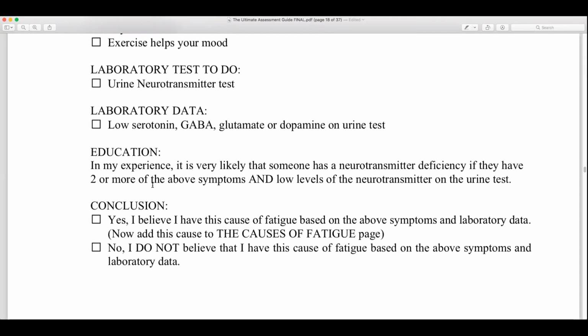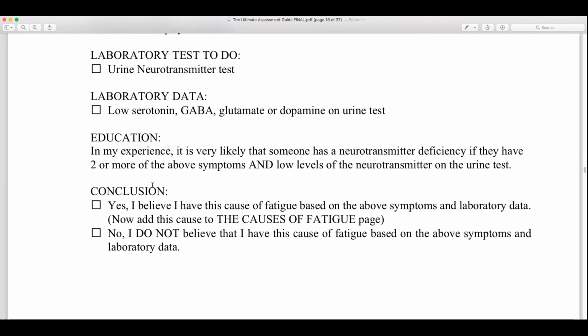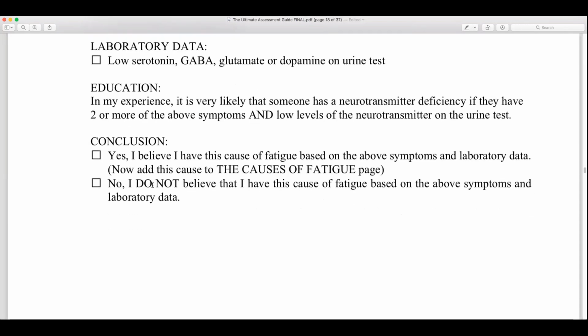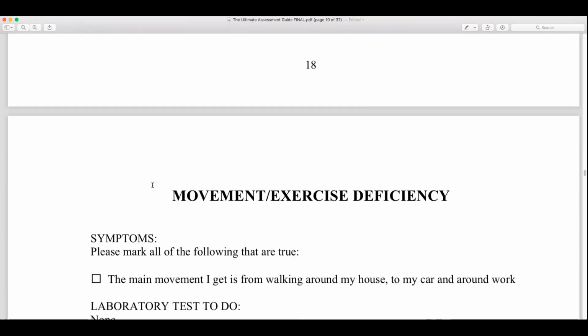Now, oftentimes, if I assume that someone has low serotonin symptoms, we can give them some serotonin precursors, and if they feel better, we know we're on the right track. But doing the testing is incredibly helpful. Once again, come to your conclusion, mark it off, and if it's a yes, put it on page 2.